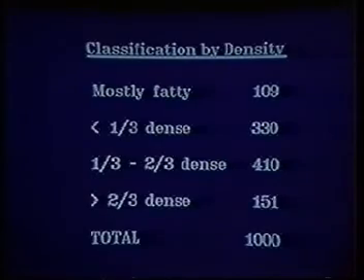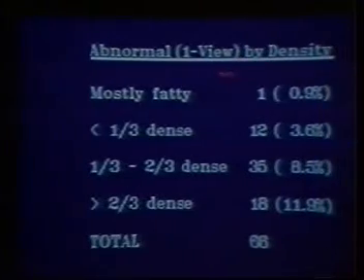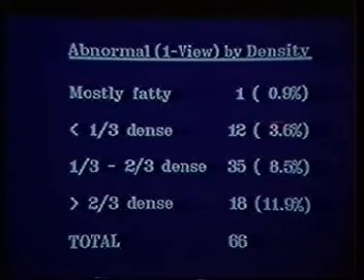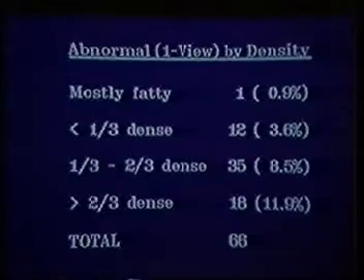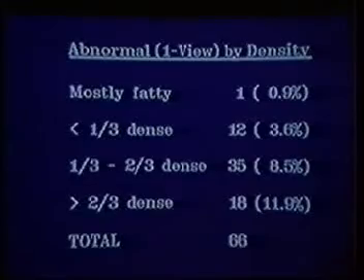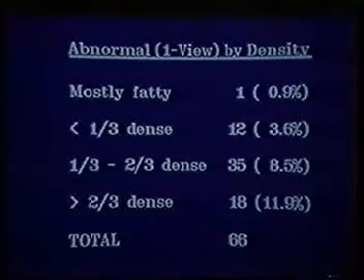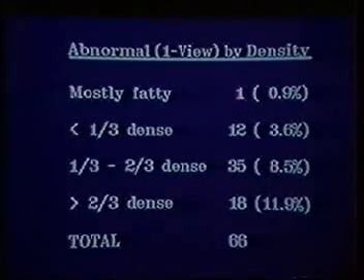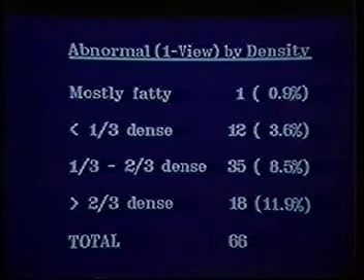What it shows you is that the single view abnormals, this is second screening, were concentrated mostly in the women with dense breasts, as common sense would lead us to believe. The denser the breast, the more likely we are to see these superimpositions causing abnormal shadows. And indeed, as you go from the least dense to the densest category, you find these percentages increasing progressively.